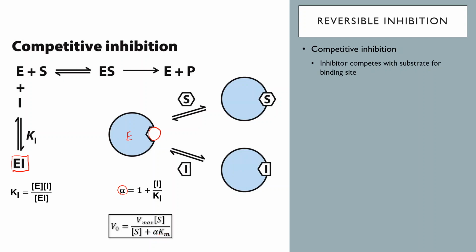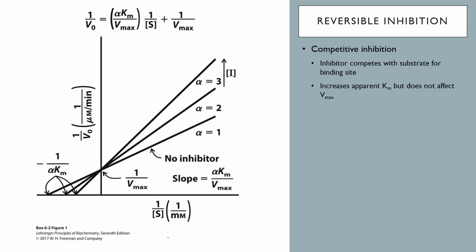So what it basically means is that if you have a competitive inhibitor present in your reaction, it will make the apparent Km larger. Remember that Km is also defined as the substrate concentration at which the reaction is halfway to Vmax. So it means that with your inhibitor, it takes more substrate to get to Vmax.